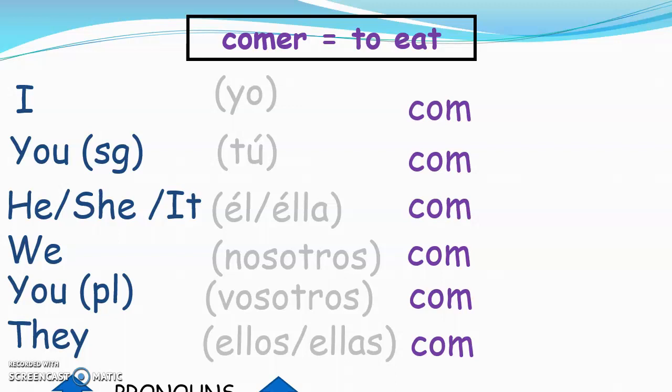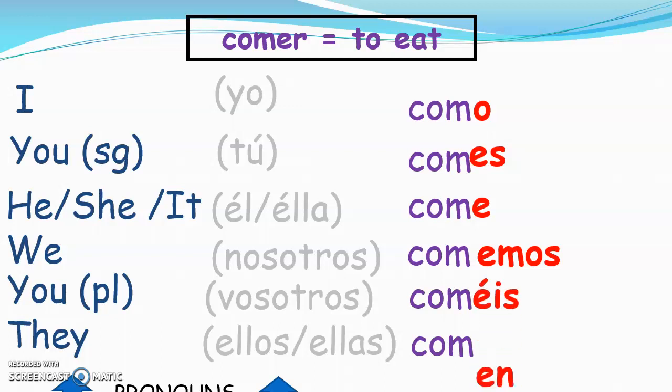So, I eat. It's not yo comer or yo com. We need to add on something to the end of that stem. I eat. Como. You eat. Comes. He, she, or it eats. Come. We eat. Comemos. You eat. Coméis.